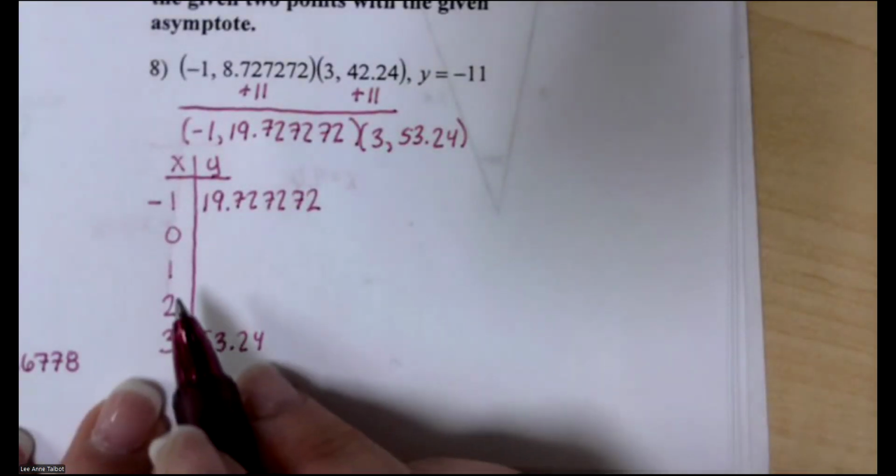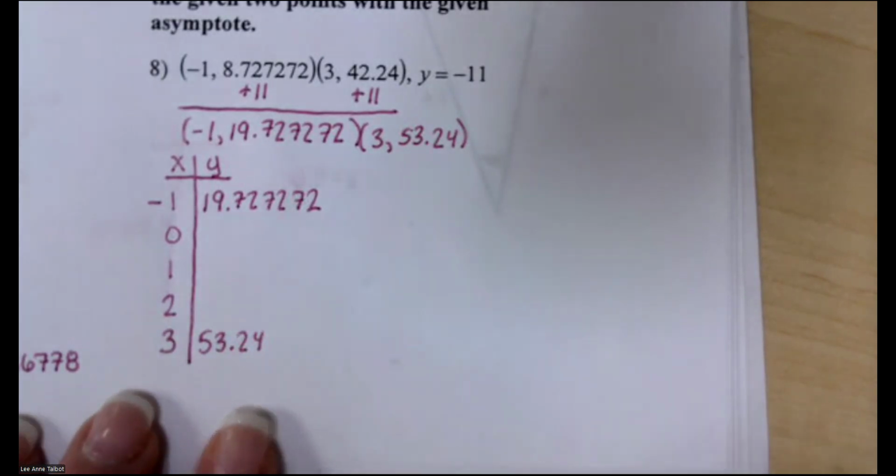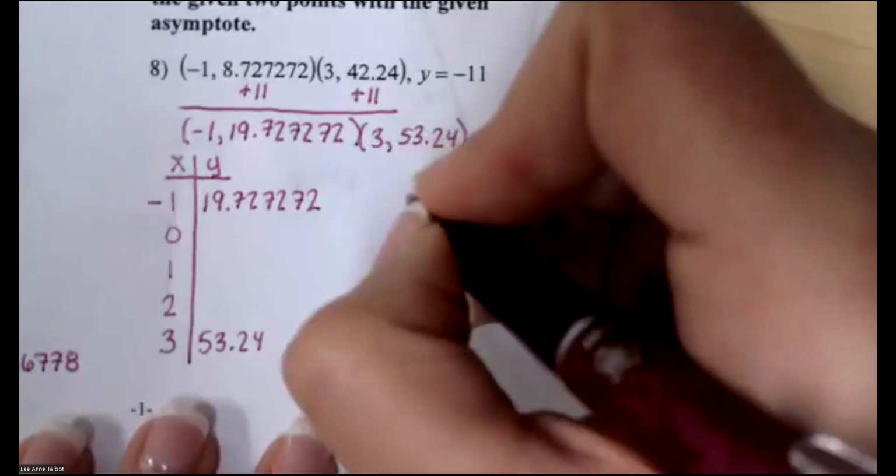Okay, how many B's is it from -1 to 3? 4.